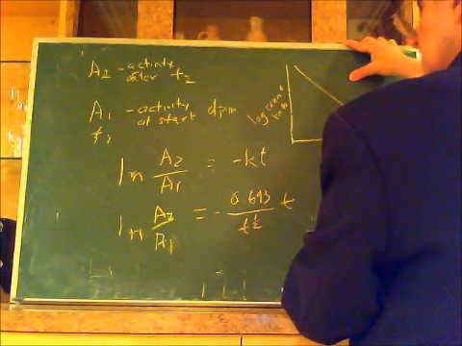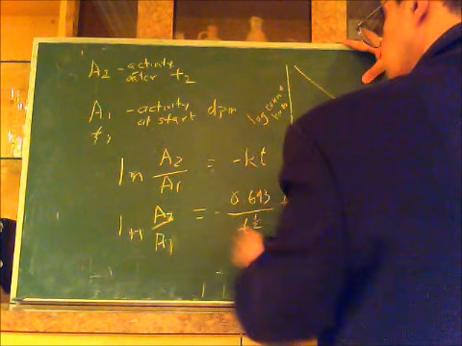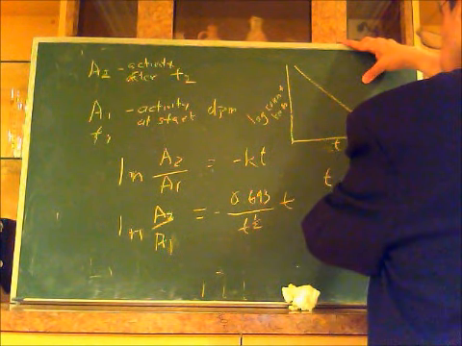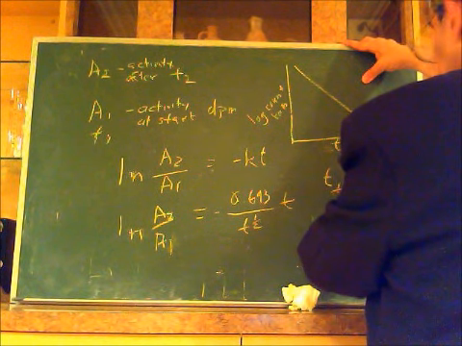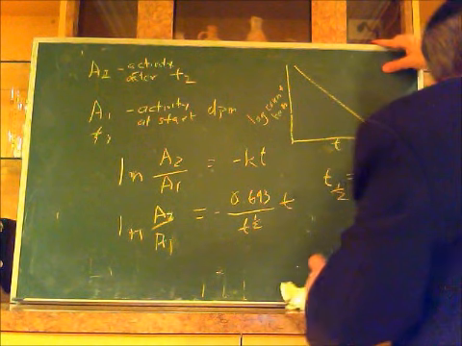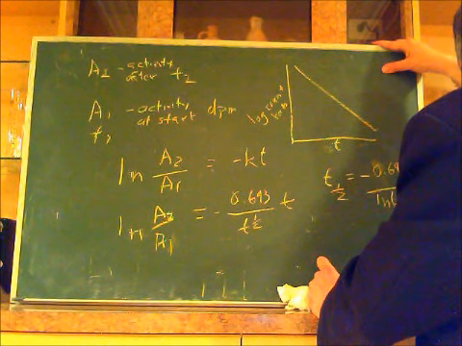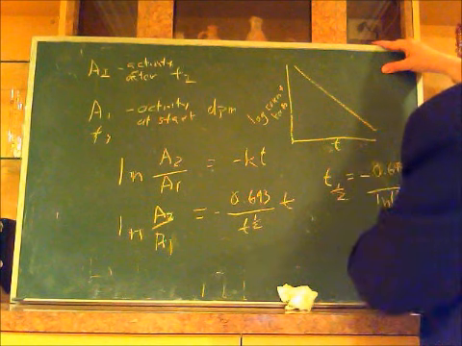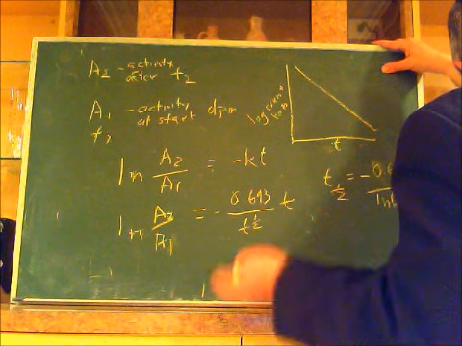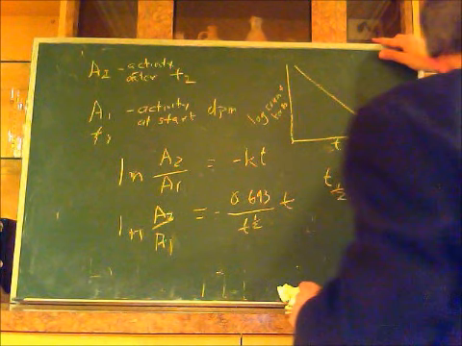So T1/2 is going to be equal to minus 0.693 divided by ln of A2 over A1. If we then substitute the values for A2 and A1, 6.05 times 10 to the 4th and 1.38 times 10 to the 5th disintegrations per minute, those units cancel out, and once we plug everything in, we get an answer for the half-life of 50.4 days.